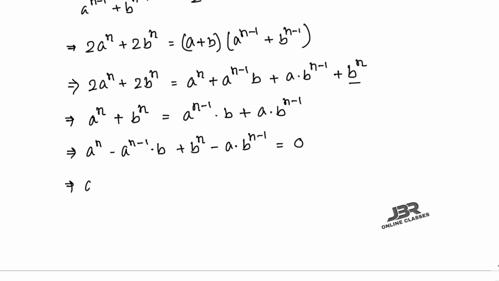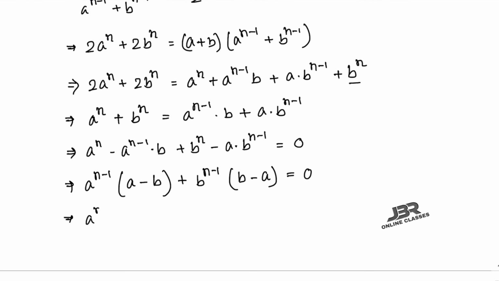So now if you common a to the power n minus 1, it will be a minus b, and if you common b to the power n minus 1, it will be b minus a. So that one equal to 0. So next thing, a to the power n minus 1 into a minus b. If you common minus, it will be b to the power n minus 1 into a minus b, that one equal to 0.